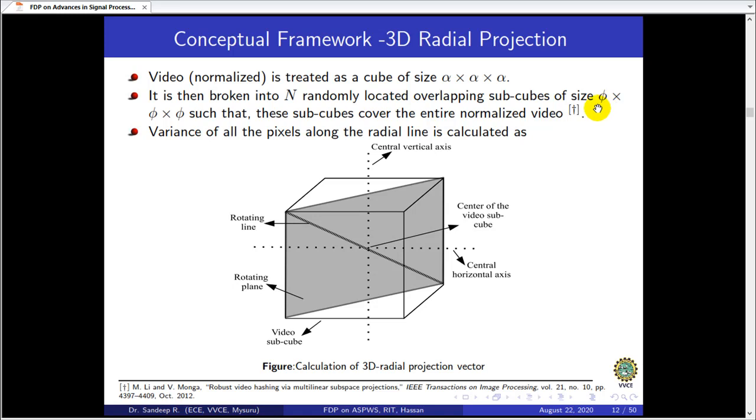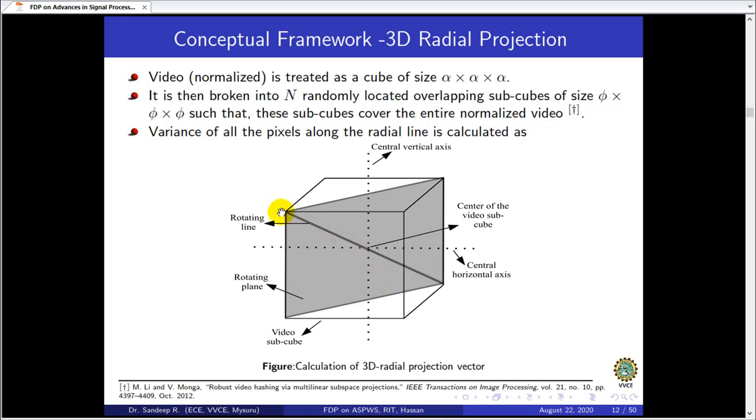Now, the variance of all the pixels along the radial line is calculated. How? We'll see that. Suppose I consider this to be one subcube. I consider an imaginary plane and an imaginary line, all passing through the center of the subcube.